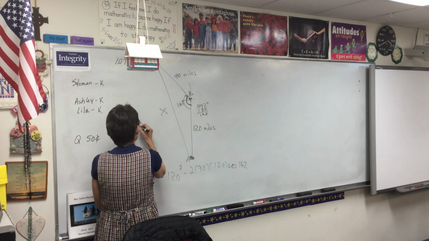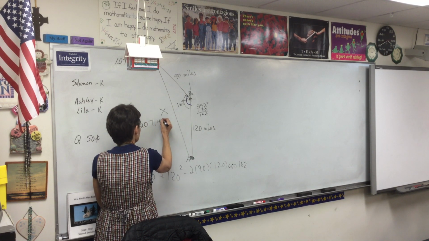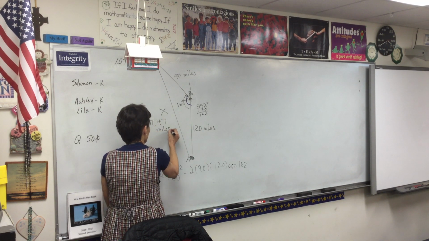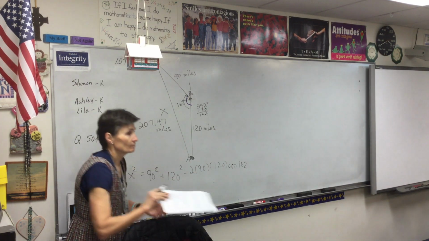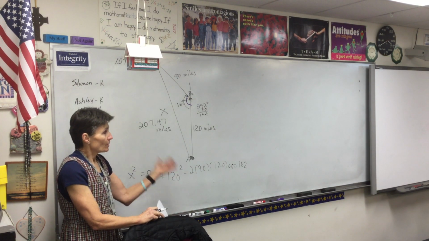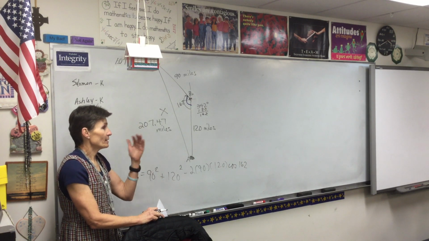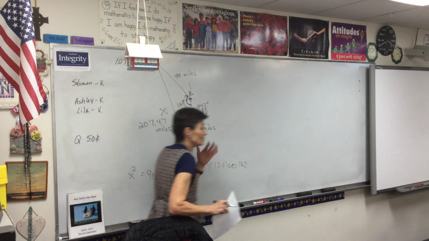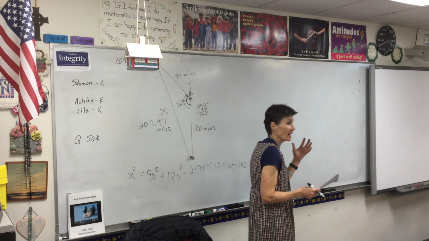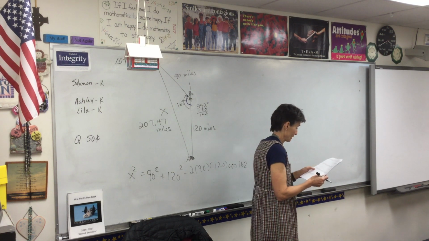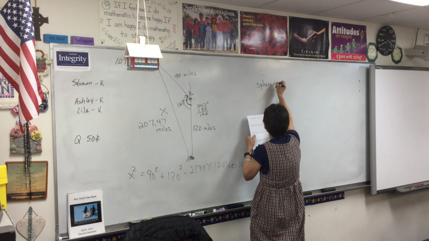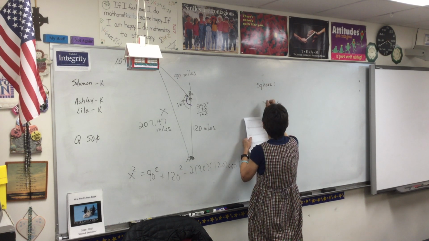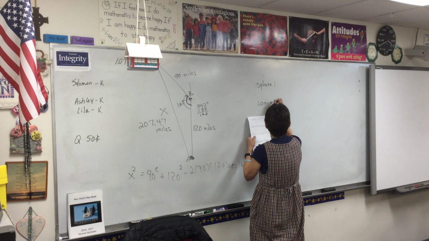I think he's 207.47 miles from Cathedral. What do you think? Everybody's typing in with me, right? Because if you're not, who knows if you know what you're doing or not when you have to type it in on Monday.